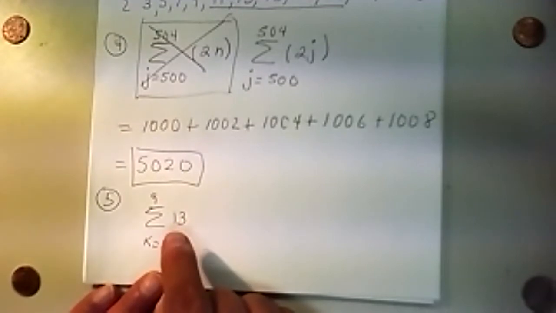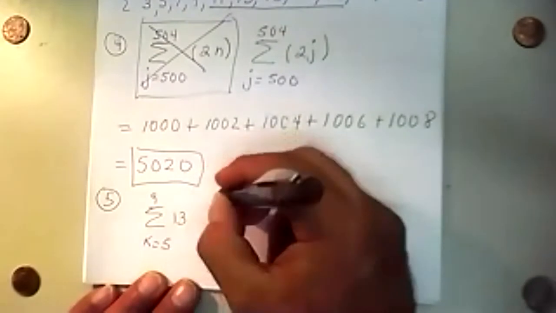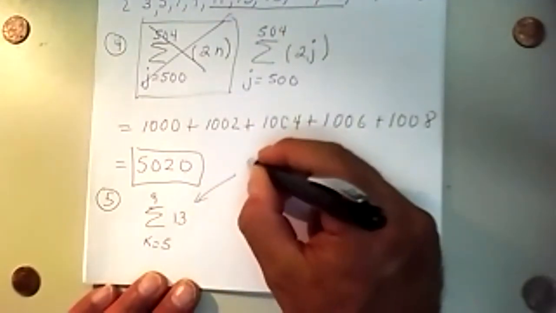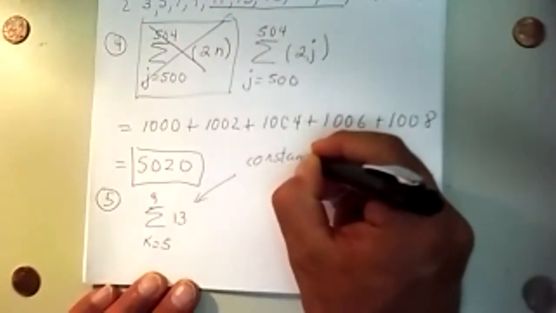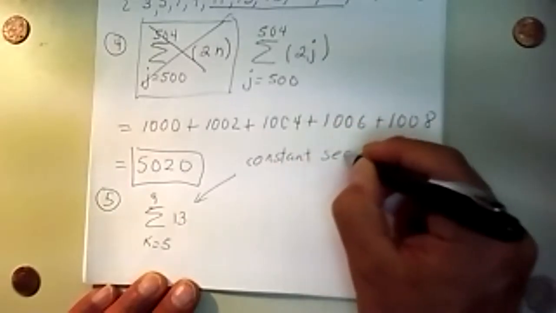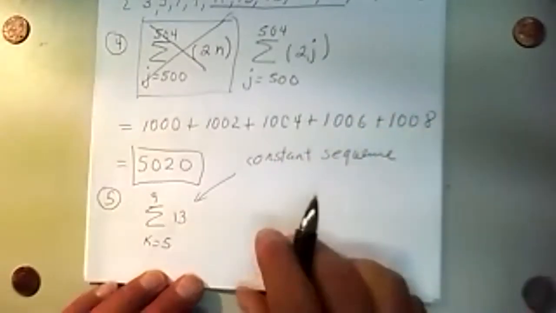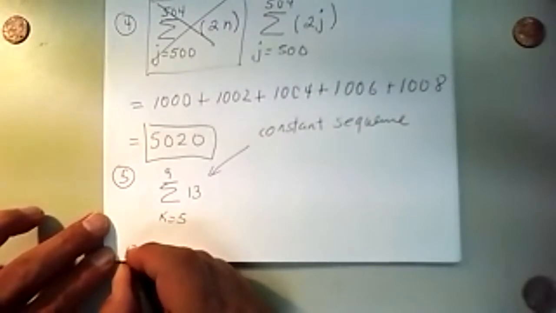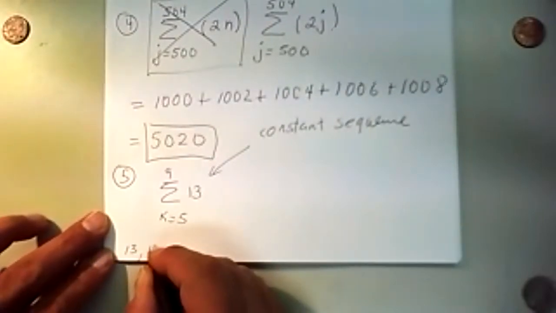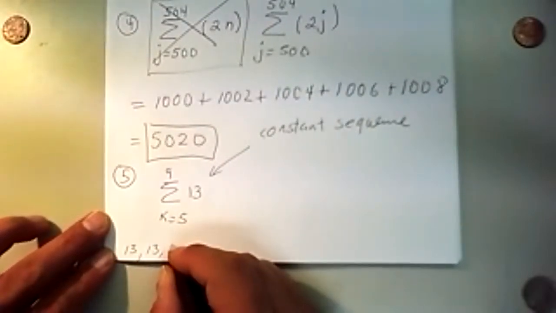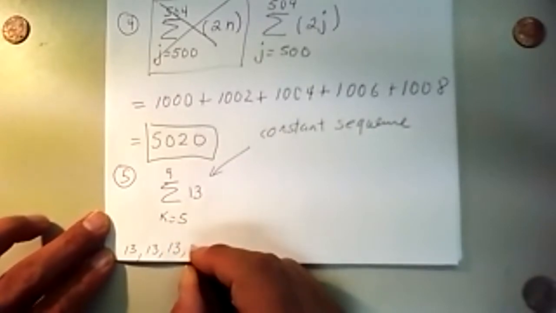Now, this means we are dealing with a constant sequence, 13. By that, what we mean is the first element is 13. The second element is 13. The third element is 13. The fourth element is 13.